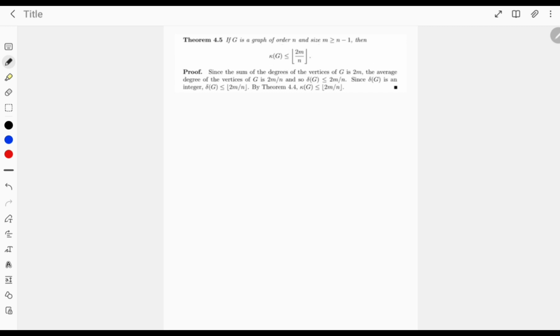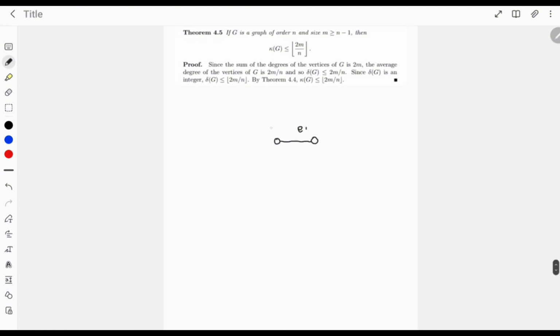Since the sum of degrees of the vertices of G is 2m, it's because each edge contributes 2 to the total degree, or it simply means that each edge connects exactly 2 vertices. So we have one edge, E1, so the degree of V1 is 1, which is E1, and the degree of V2 is also 1, also E1.